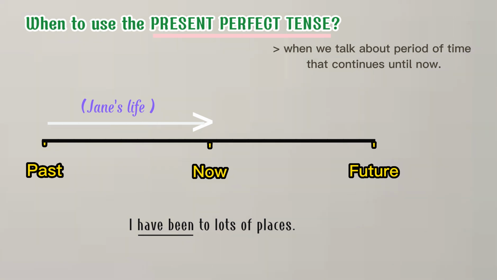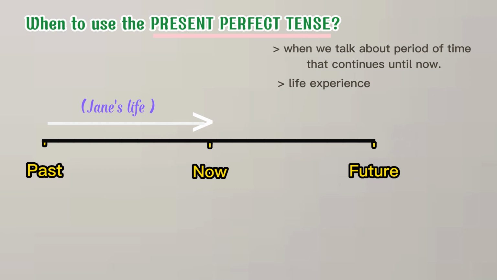So from the time that she was born until now in her age, that is her experience in her life. And when you ask about a life experience of that person, then you use the present perfect. So they asked, have you traveled a lot, Jane?